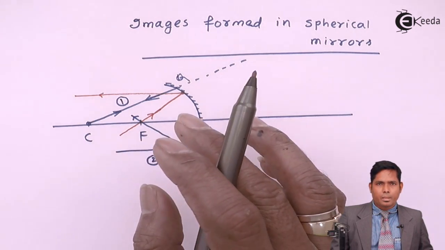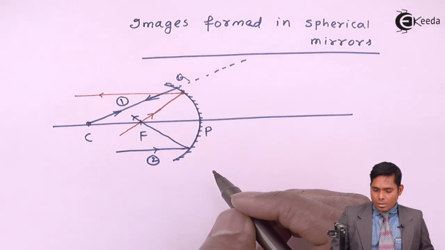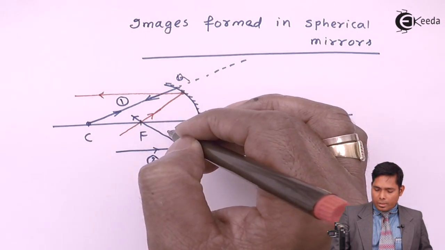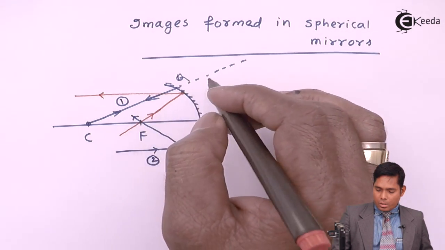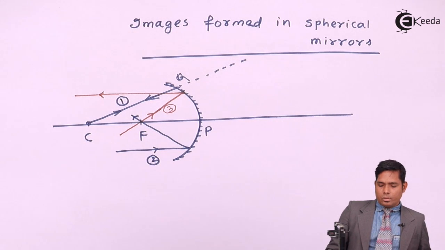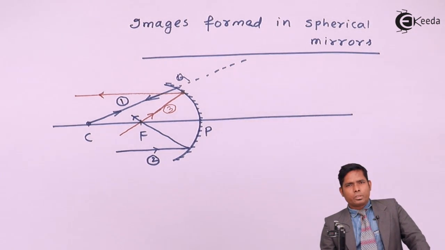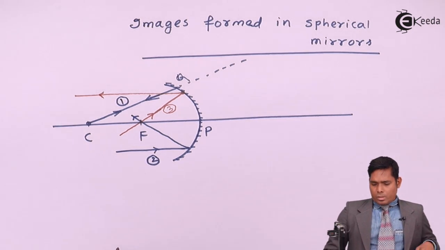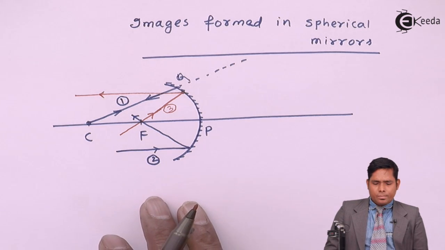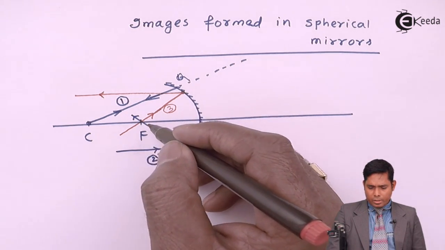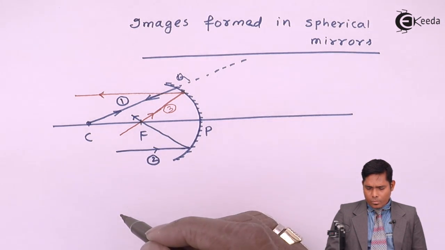So this is 1, this is 2, and I will call this 3. The ray which passes through the focus must become parallel, and the ray coming parallel must pass through the focus. Here all the rays are real rays. The meeting point of these rays is here, the focus.